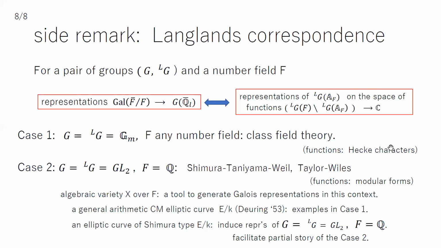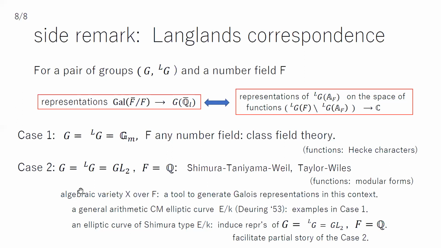So once again, the representation of the Galois group has values in GL2, and the relevant number field here is the field of rational numbers. That's the context where modular forms are relevant in the Langlands correspondence.